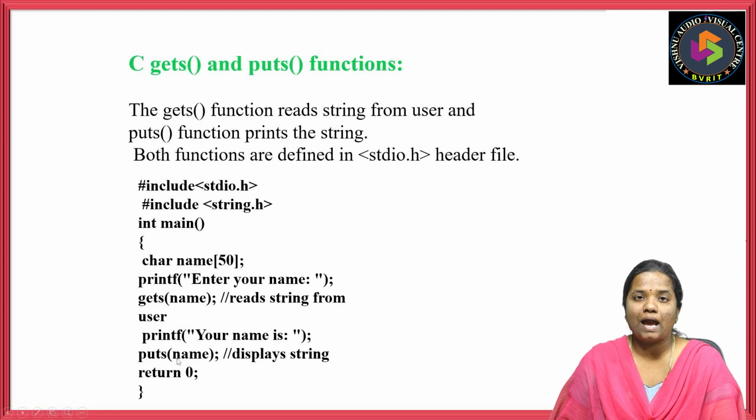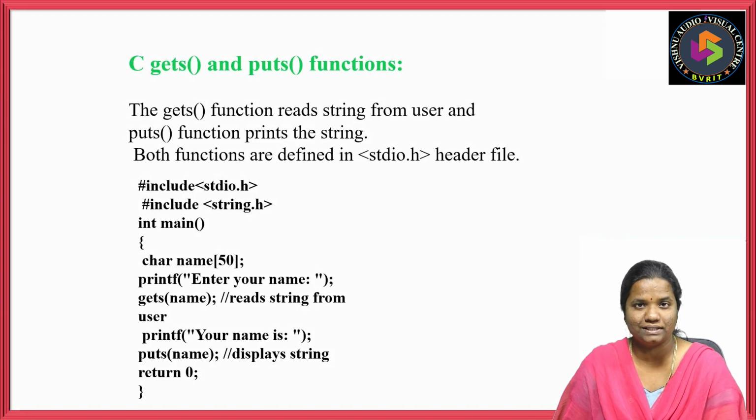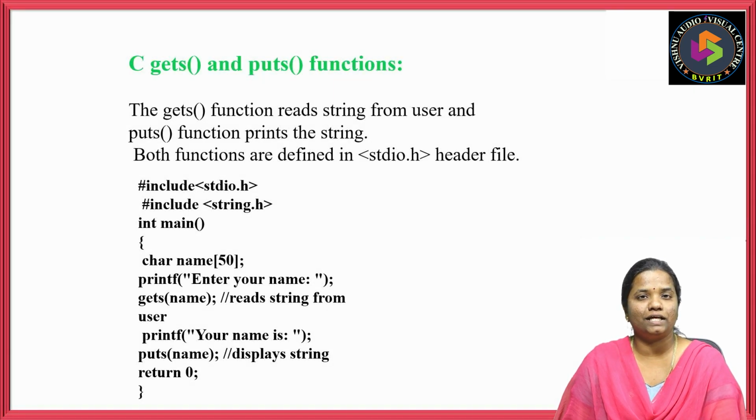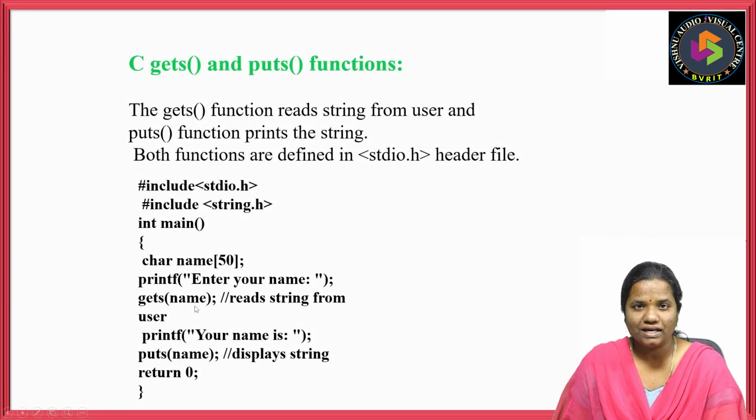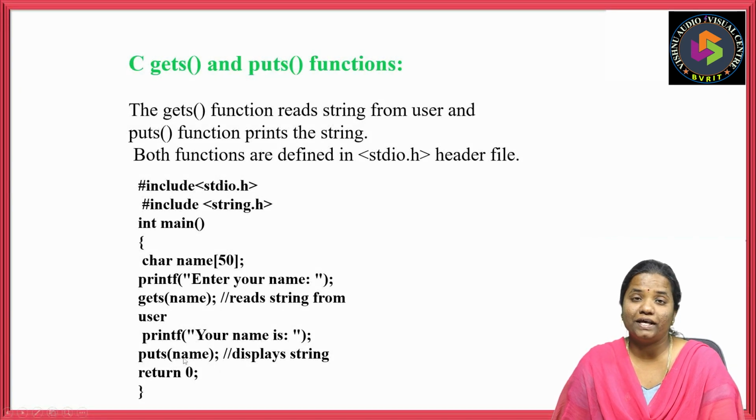After that, I print another comment, that is, your name is. After that comment, whatever string I read from the input device will be printed on the screen by taking the support of the puts function. gets of array name I give here, and puts of variable name I give here to print that on the screen.